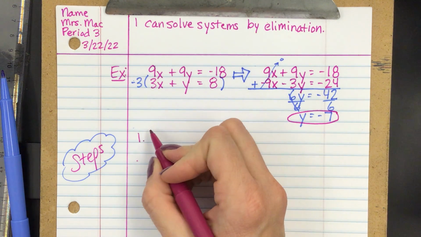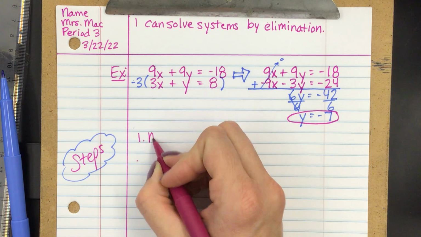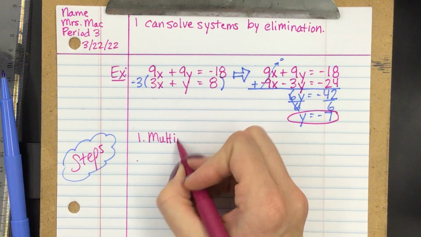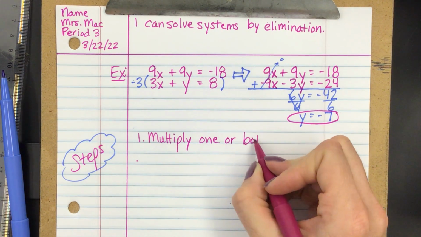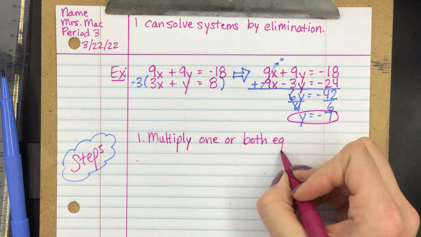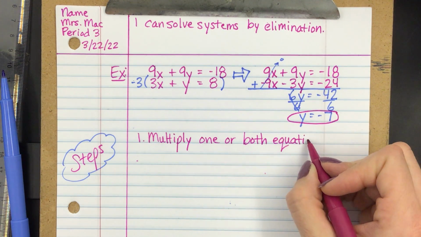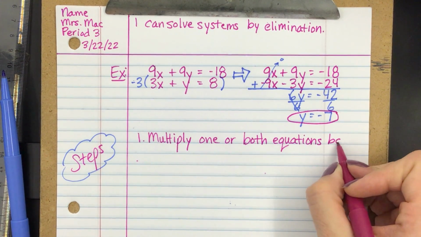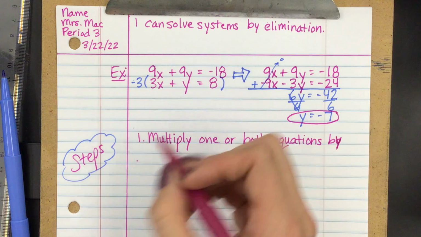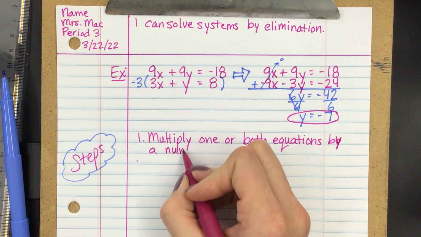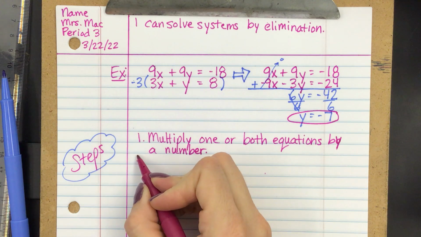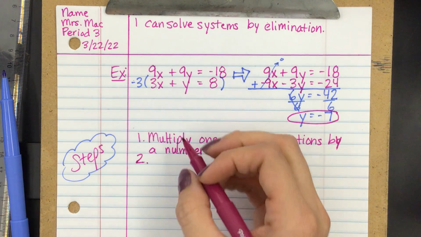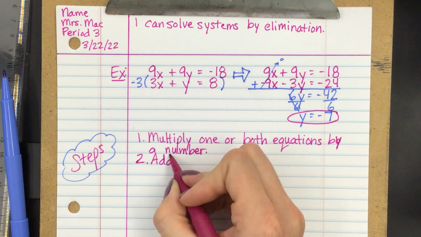Okay, so the first thing you do, and sometimes you don't need this first step, is multiply one or both of the equations by a number. And you guys know it needs to be a number that makes sense, to cause something to eliminate. Step 2: we add or subtract the equations.